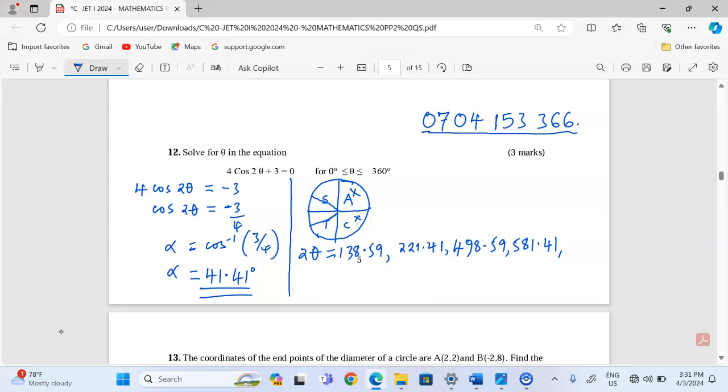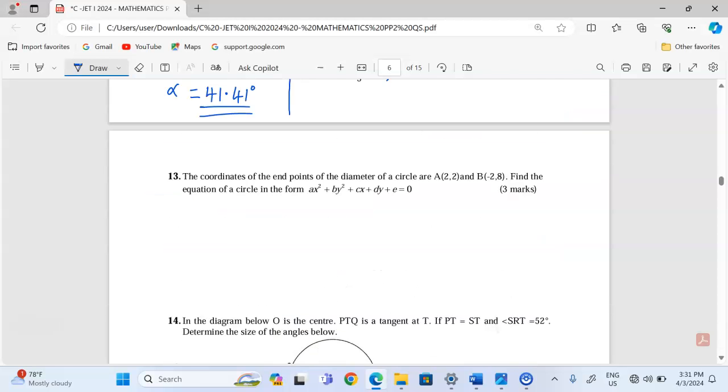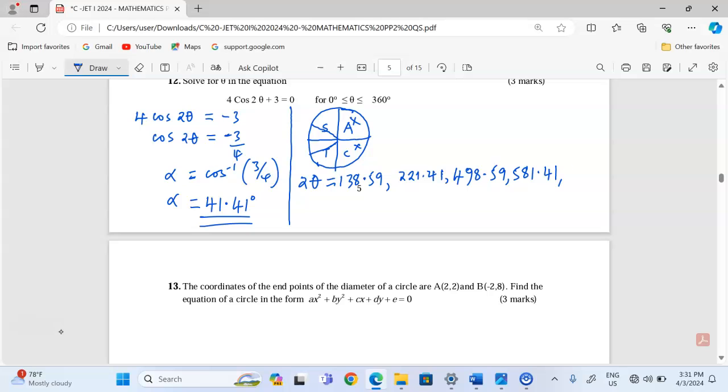If we make another cycle, this will give us 858.59. So all those are angles which are equivalent to 2 theta.